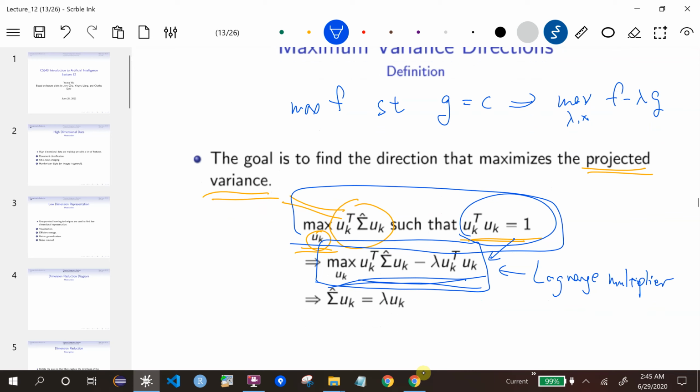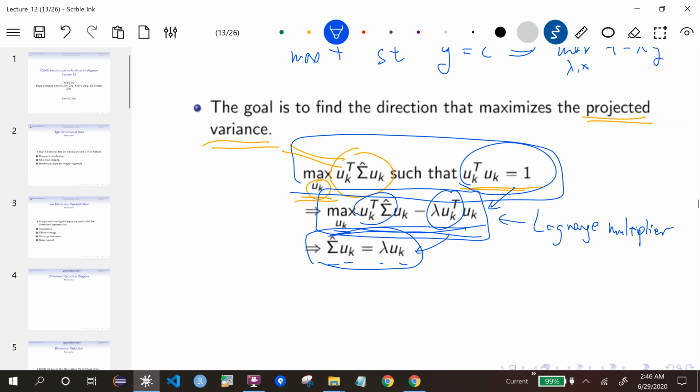Here now we can take the derivative and hopefully use maybe gradient descent. It turns out we don't need to, because when we take the derivative with respect to u, we get just a coefficient equal to this coefficient here. And if we straighten out the vector notation, it becomes sigma u equals lambda u.